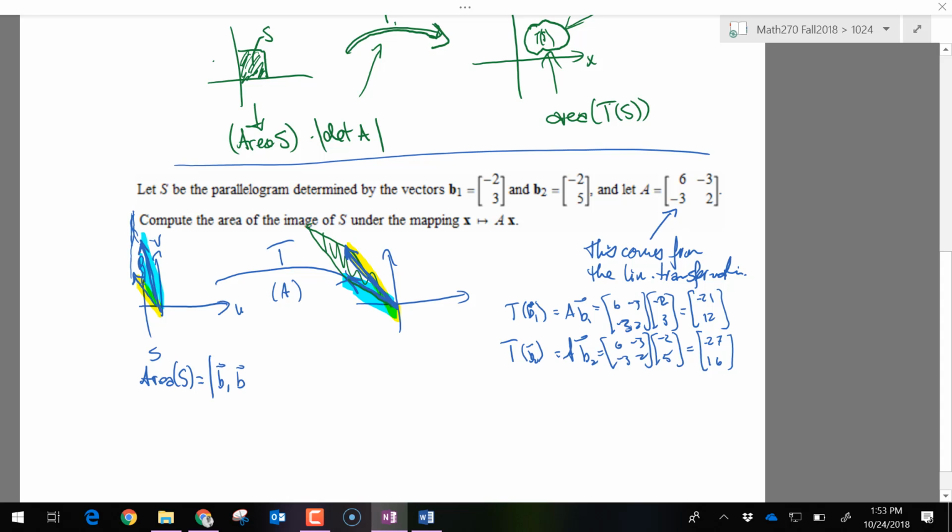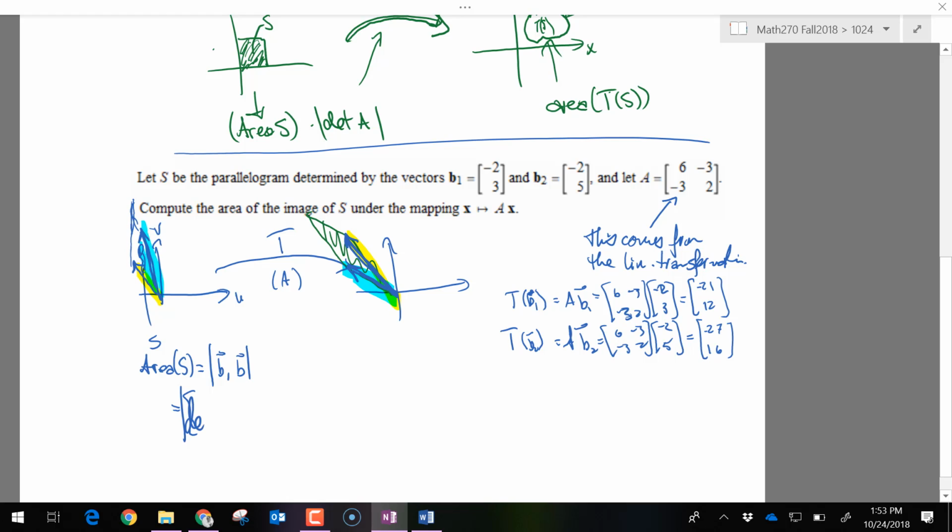Let me put these, again, being tedious about this, the absolute value of the determinant of negative 2, 3, negative 2, 5. So that's negative 10 plus 6, negative 4. Absolute value is positive 4. Right?